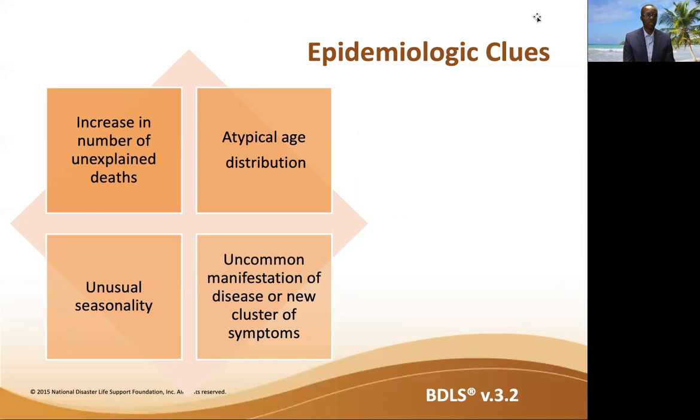In addition to an increased number of patients, other clues that may signal a biologic disaster include an increase in unexplained death, unusual age distribution of the patients, for example, occurrence in healthy patients, severe illness among persons 20 to 50 years of age, unusual seasonality, for example, severe widespread respiratory illness during the summer months, an unusual manifestation of disease, for example, new class of symptoms, inhalational anthrax, or the occurrence of an animal die-off.